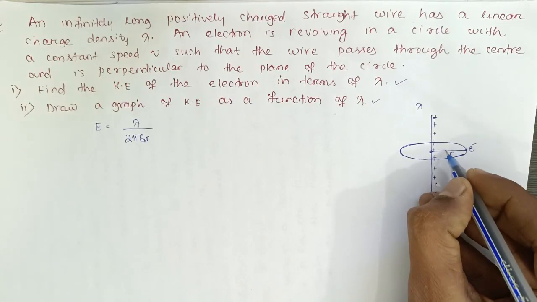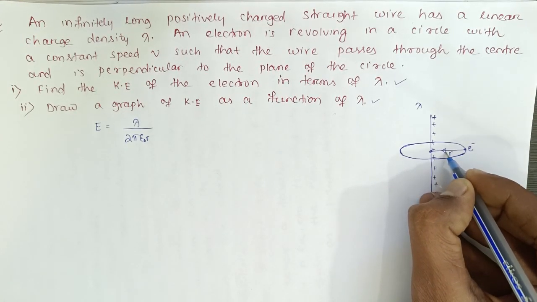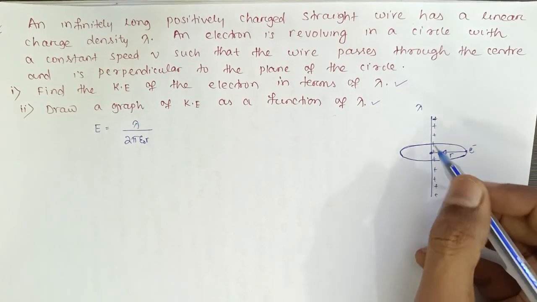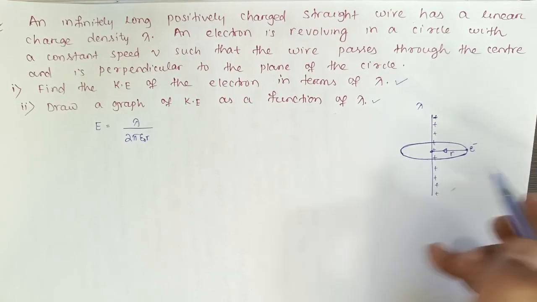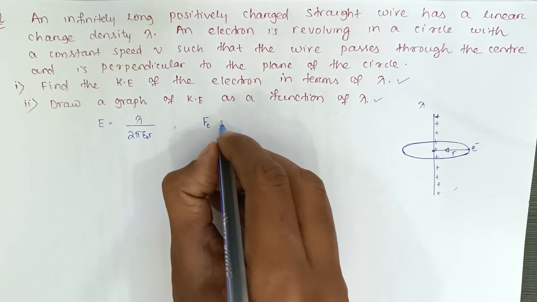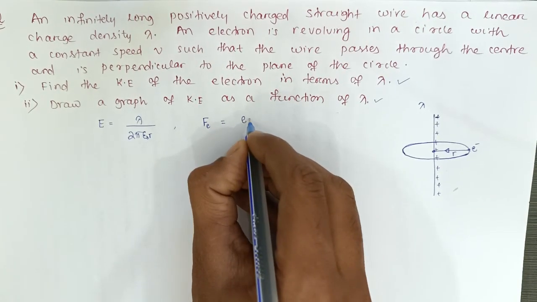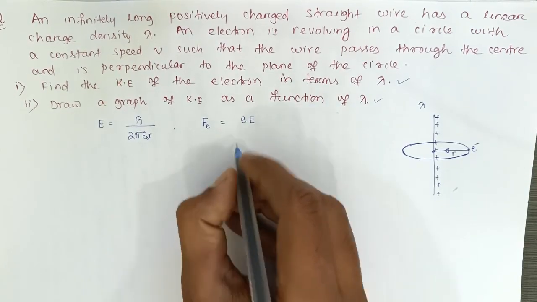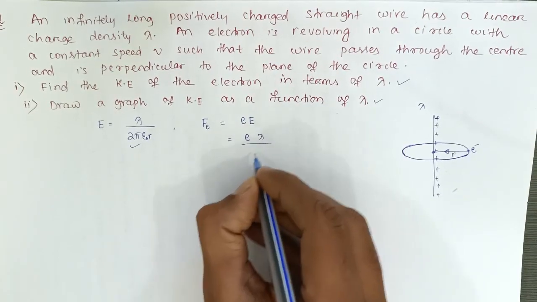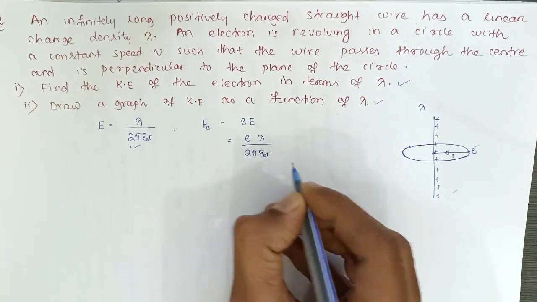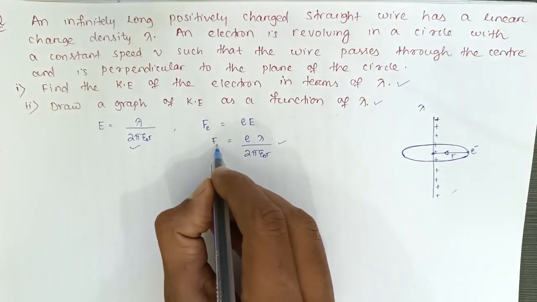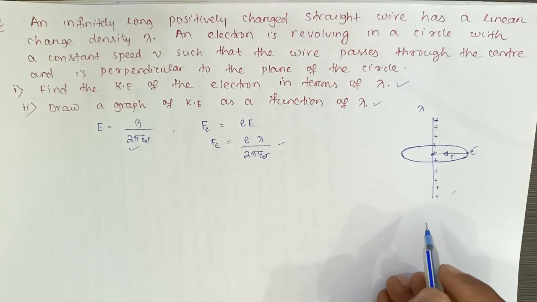That electric force will be attractive because the electron is a negatively charged particle and this wire is positively charged. So definitely this wire will attract the electron, and that electrostatic attractive force will be the charge of the electron into the electric field. So the charge is e and the electric field is lambda divided by 2 pi epsilon naught r.